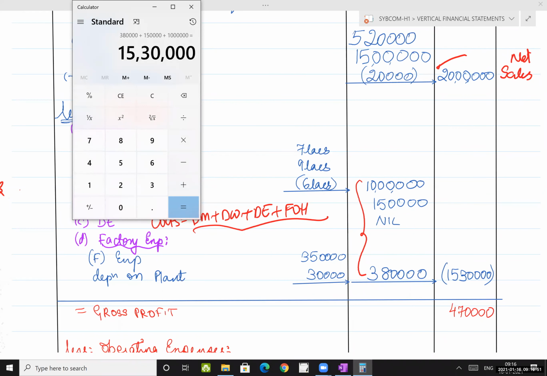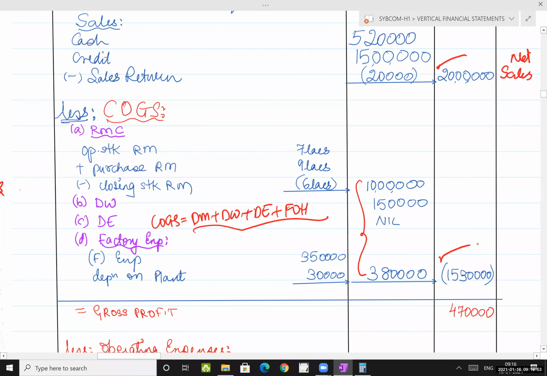So it is 15 lakh 30, which you will take it in the output column. ठीक है, तो ये जो आपको मिला है ना 15 लाख 30, इसको COGS बोलते हैं. ये जो आंसर है 15 लाख 30, दिस इज COGS.